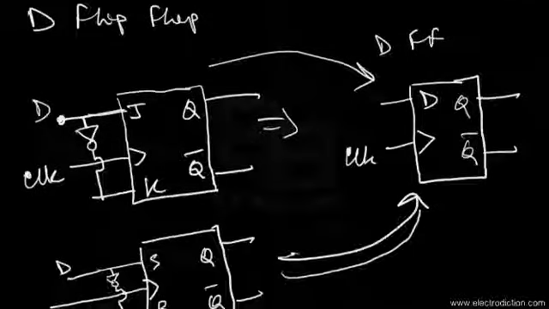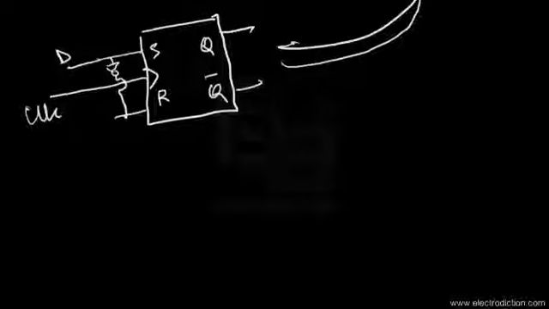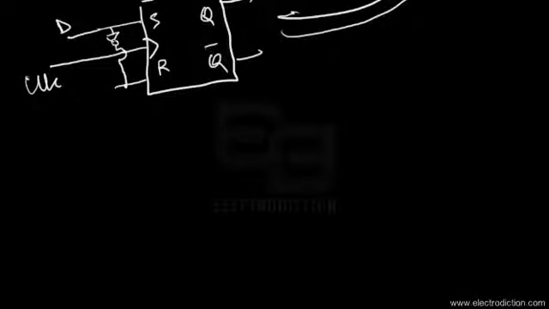Here, if we quickly move on to the truth table of the D flip-flop, it looks something like this. Here we have 4 heads: the clock, the D input, and the Q and Q bar outputs. Let me change the color for a moment.